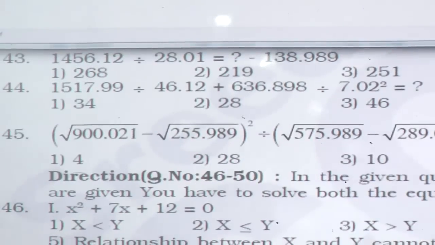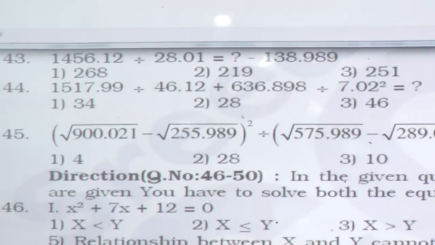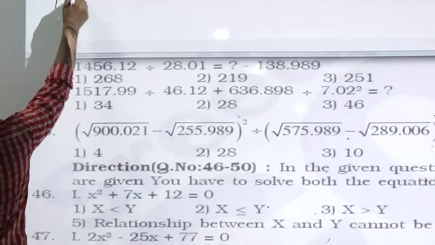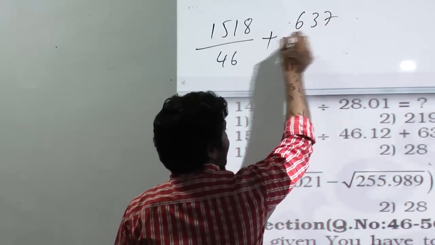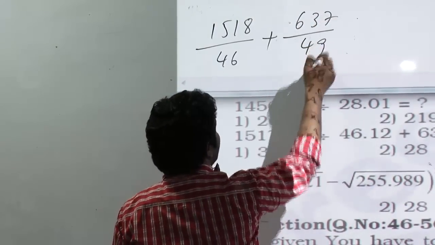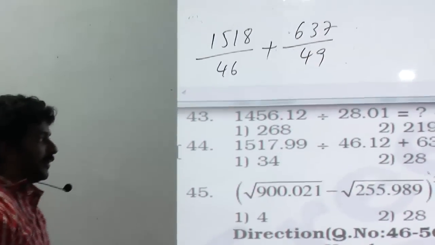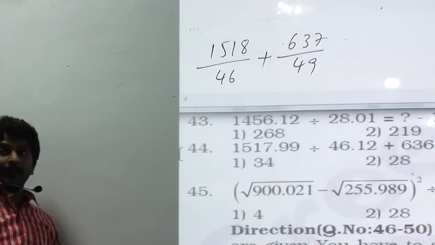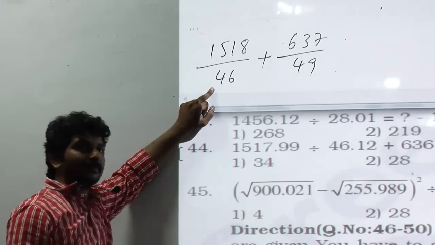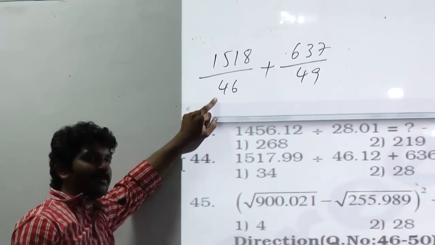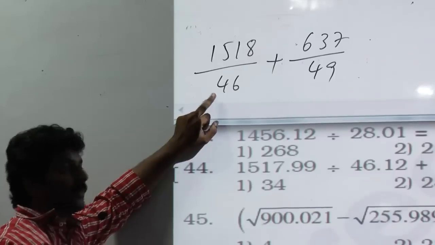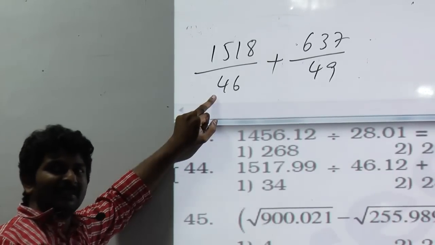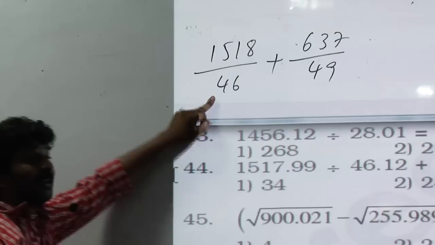Now 44, right? This is 1518 divided by 46 plus 637 divided by 49. And then this is what you need to calculate. 10 times of this 460, 20 times 920, 3 times 138.